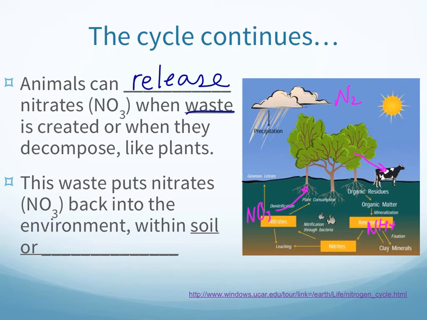So when waste is released from animals or when they die and decompose, even plants, that waste is kind of infiltrating down into the ground. And over time, those nitrates stored within that living thing is now transferred into the soil, or like we were saying, into water, or the hydrosphere.